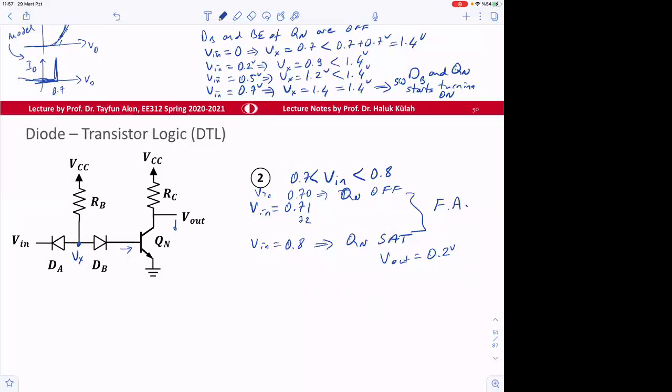In summary, when Vn becomes 0.8 volt, then this is 1.5 volts, this becomes 0.7 volt, this junction becomes 0.8 volt, and then Qn goes to saturation.